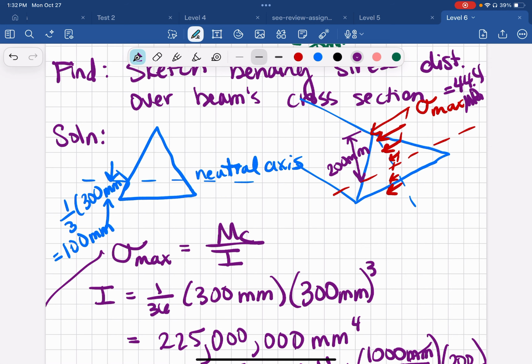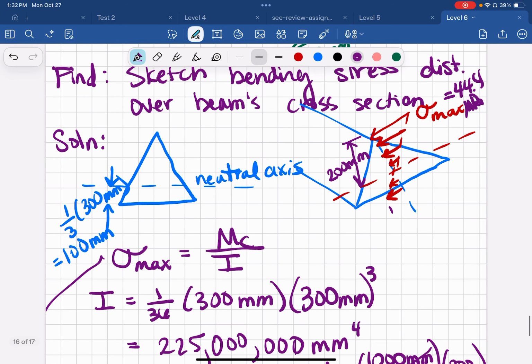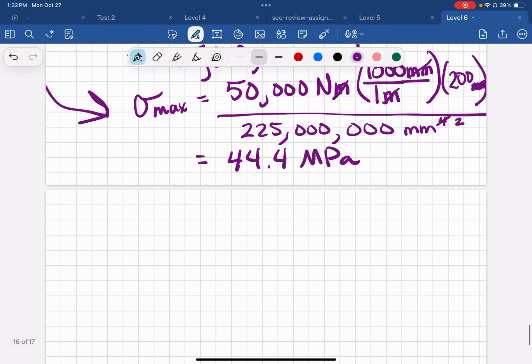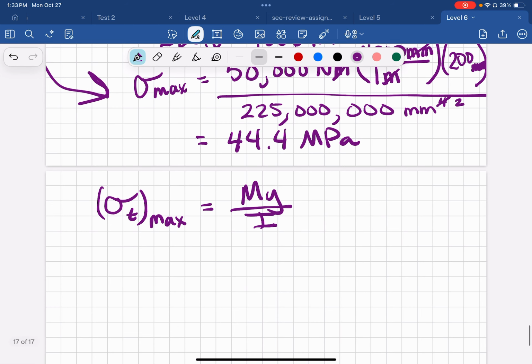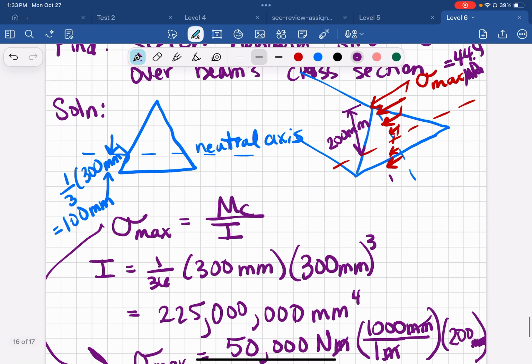And then we also need to know the stress at the bottom, which is that tensile stress. We'll just call it stress tensile max. That's going to equal MY over I. And I is going to be the same. The Y is just the 100 millimeters that are here.